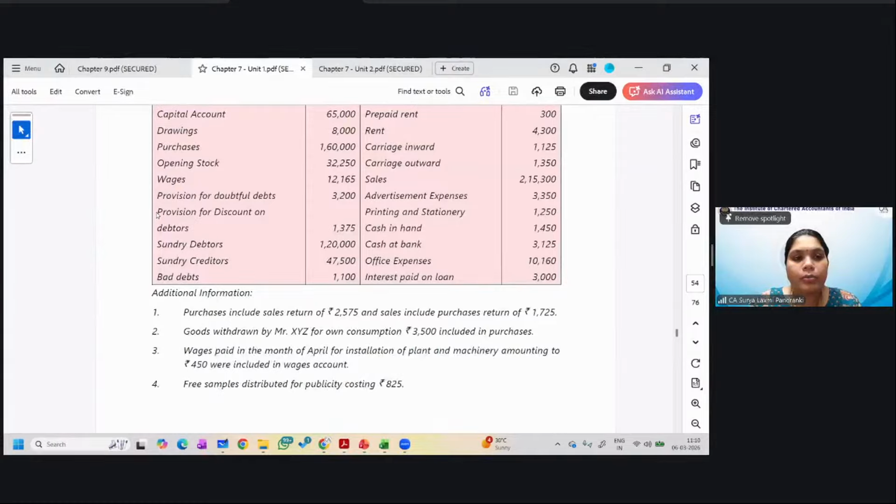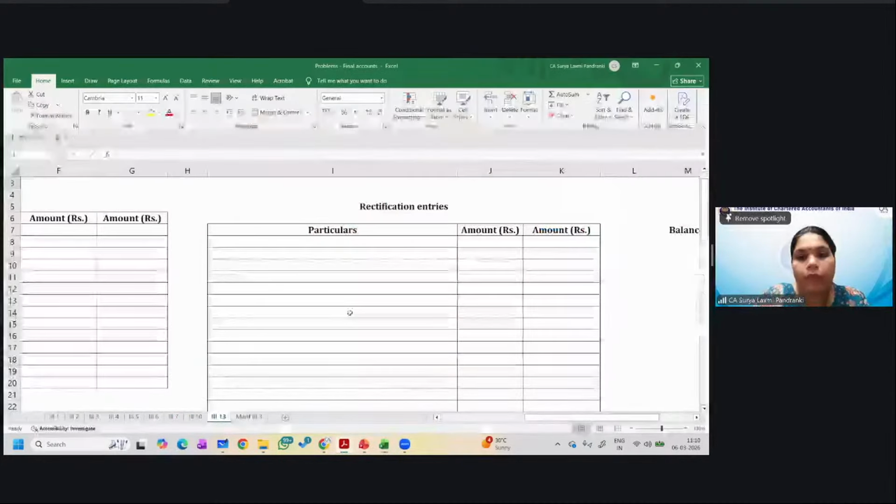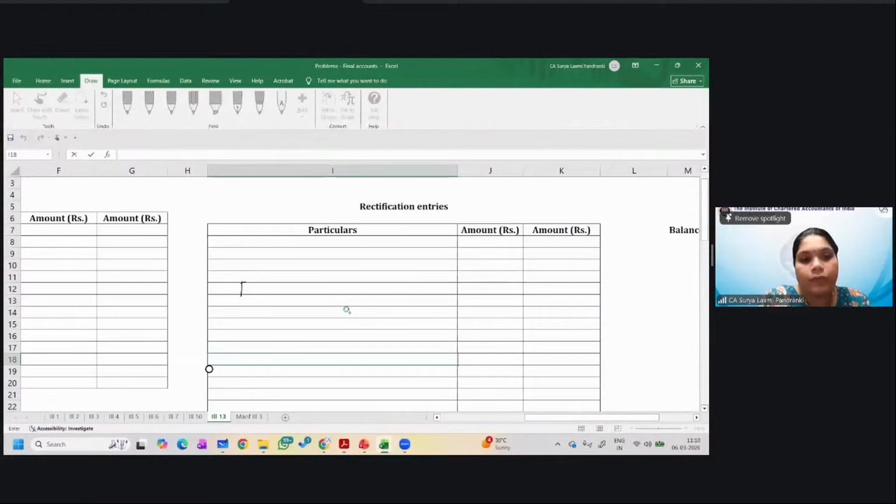Keep putting it in the chat box. Purchases have to be decreased by 2575. Agreed? Right? So purchases account will be decreased by 2575.